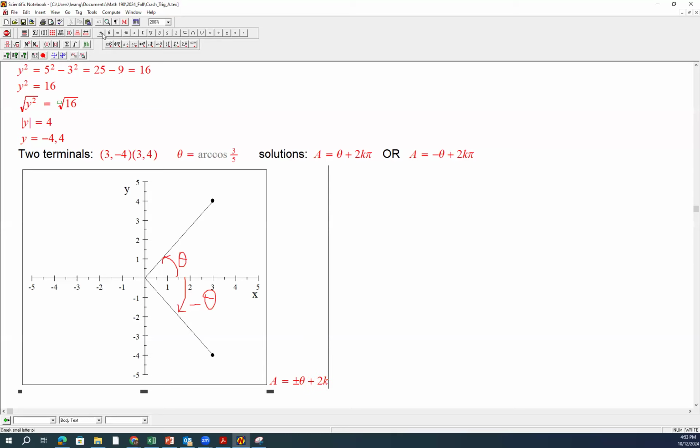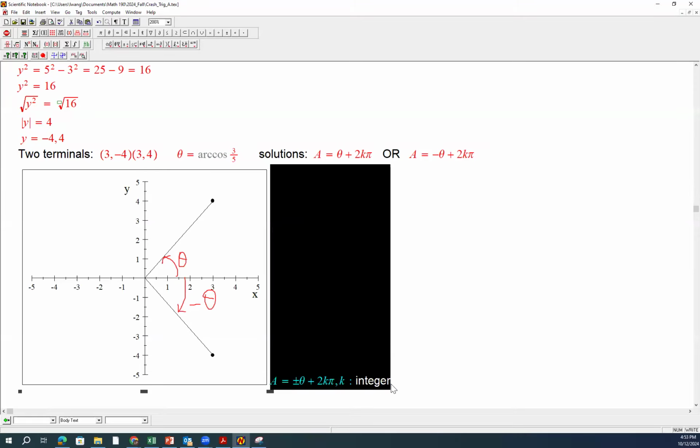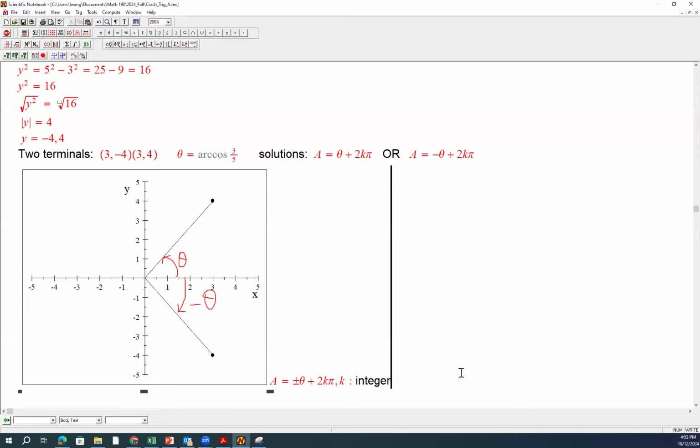So for the cosine situation, we can combine into one single expression. This will represent all solutions. K is any integer. So all the solutions will be represented. And that is the answer.